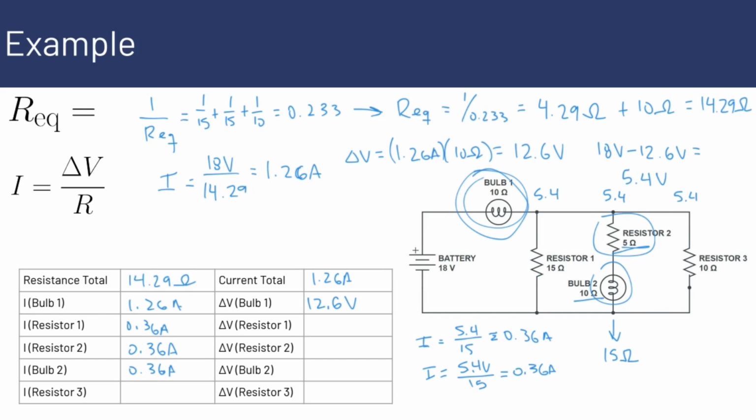And finally, we're going to figure out the current for resistor 3. The voltage is 5.4 volts. The resistance is 10 ohms, which gives us a current of 0.54 amps.